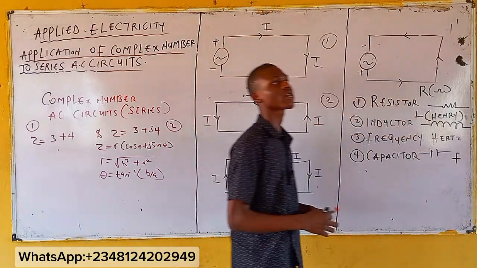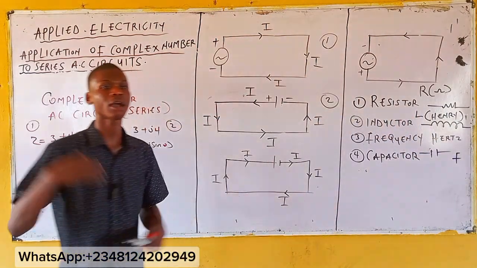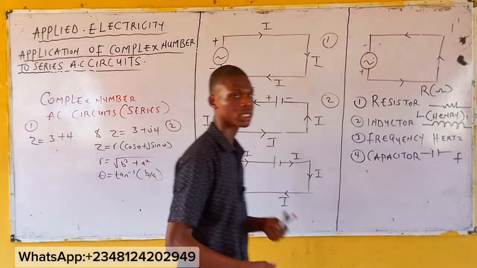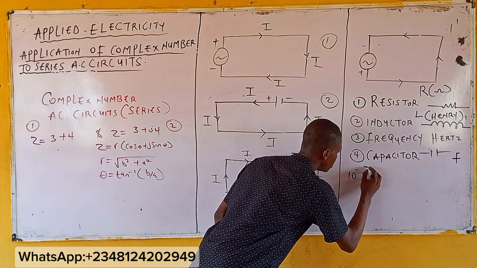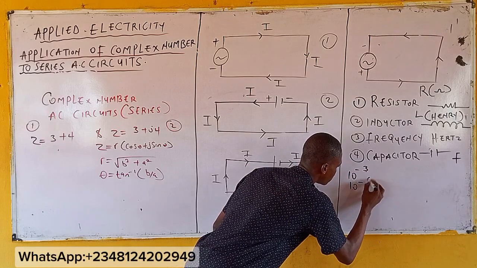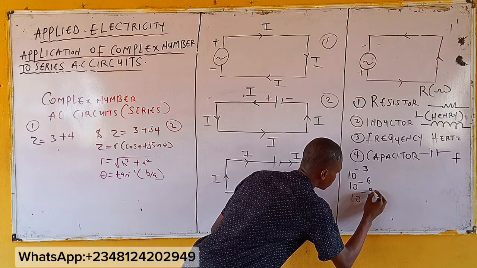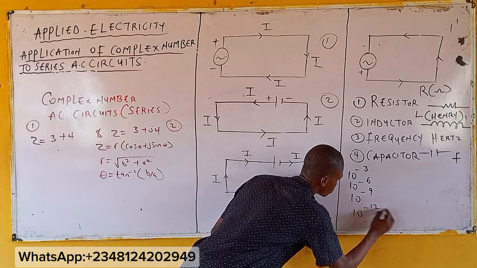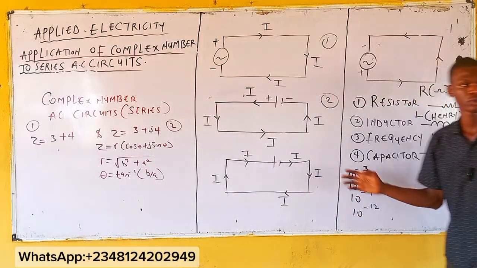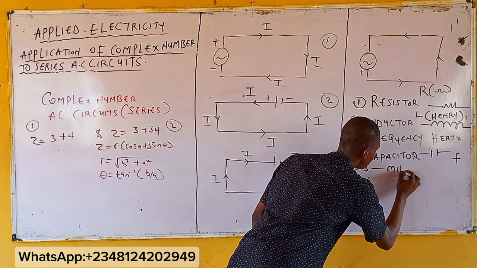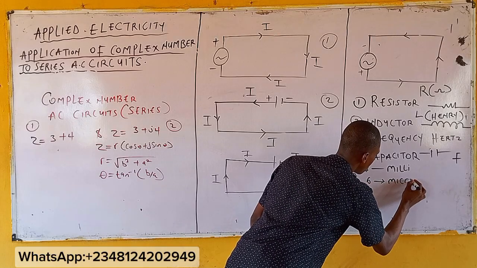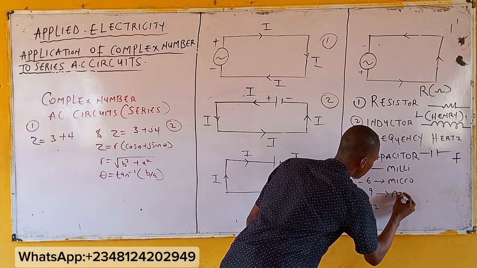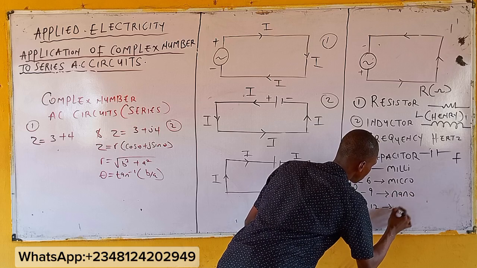I can have my capacitor in millifarad, microfarad, nanofarad, picofarad. Now, take note. When you have 10 raised to power minus 3, 10 raised to power minus 6, 10 raised to power minus 9, and 10 raised to power minus 12, just remember this. This is milli. This is micro. This is nano. And this is pico.